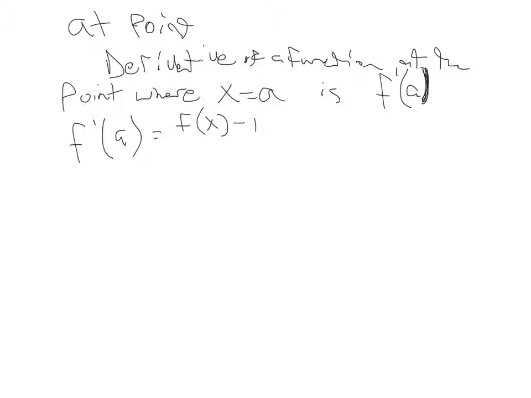This is known as the alternate definition for the derivative of a function at a point. So if I ask you, what is the derivative of a certain function at a point, I can use the first definition and then evaluate, or I can use the alternate definition and come up with the derivative at that point.